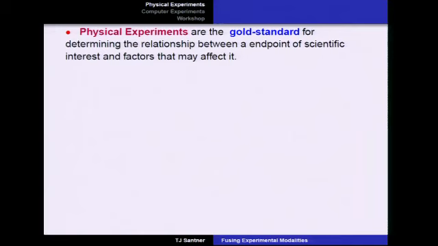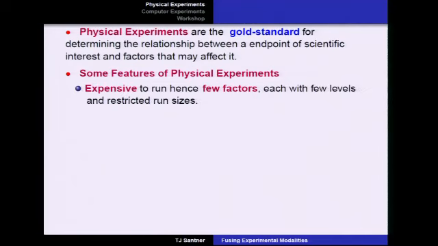scientists, at least, physical experiments are the gold standard for determining relationships between an endpoint of scientific interest, let's say, and factors, unlike computer experiments where you have some sort of emulator of an input-output relationship. They're expensive to run. They have relatively few factors generally, each with relatively few levels.